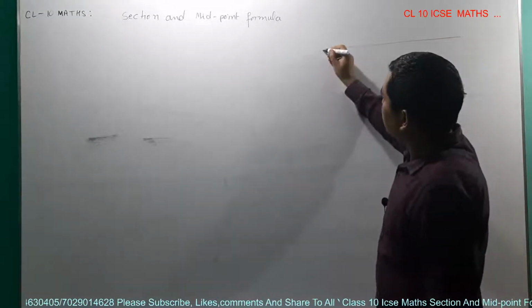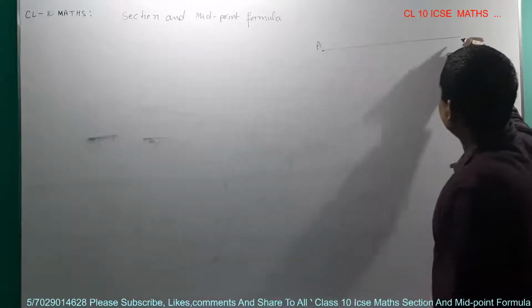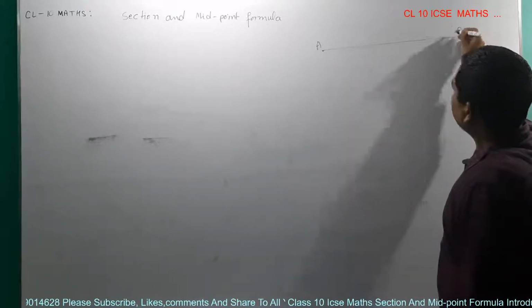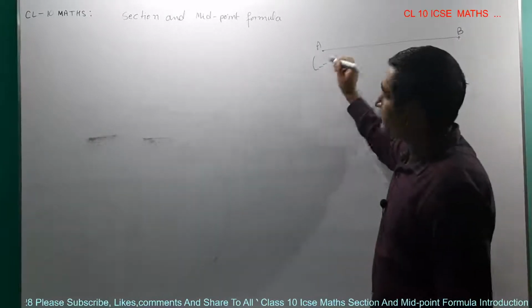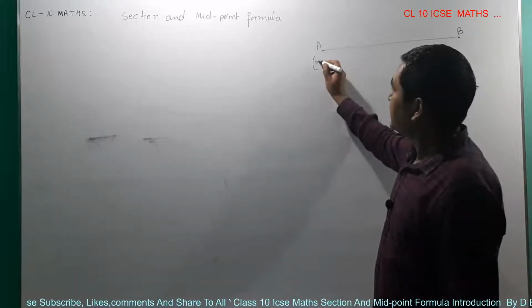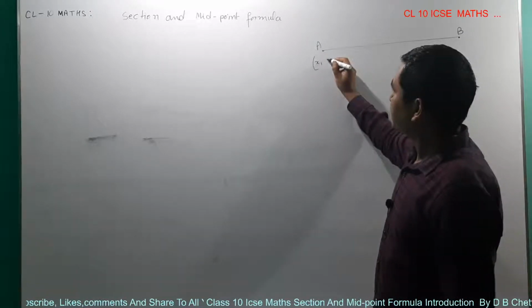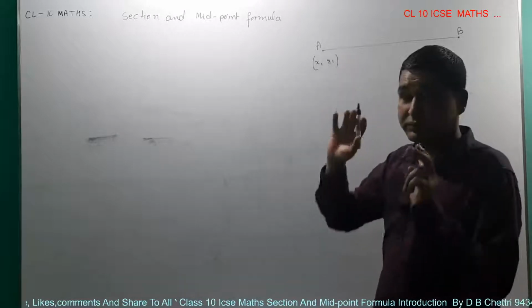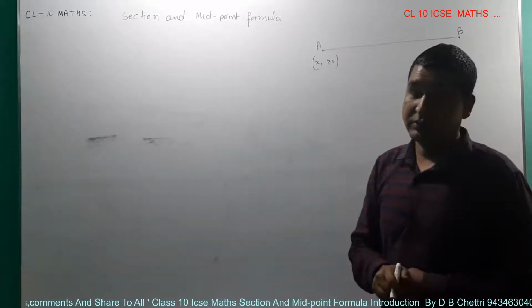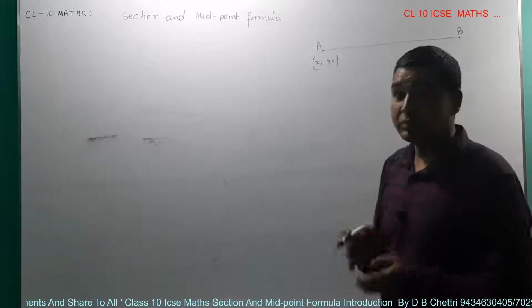Then there is a point A and another point B, and let's mark the coordinate of A as x1, y1. Always mark the first coordinate as x1 y1, for ease of solving the problem.